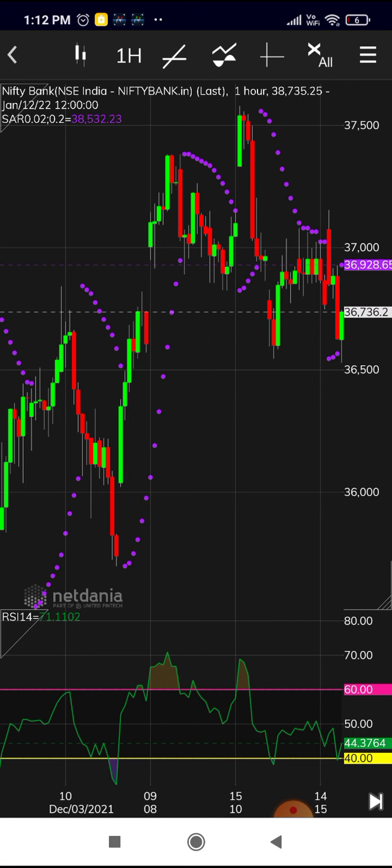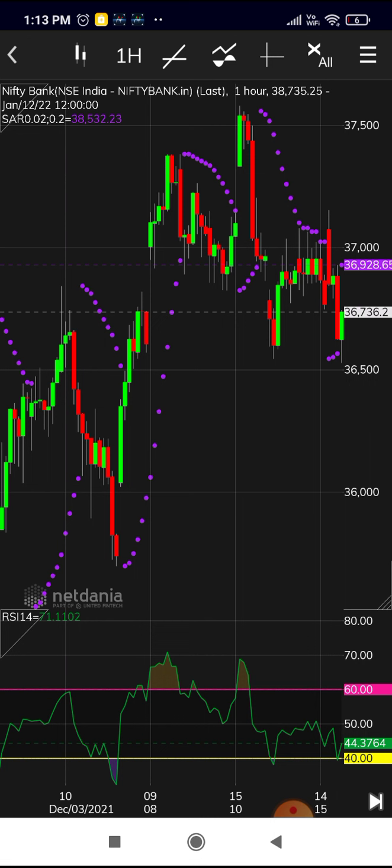So you can still make a short entry, because now the dot is above the candle, and that will act as a stop loss. If you short at 36,700 something, your stop loss will be 36,928. So the stop loss is a little bit less than 200 points.